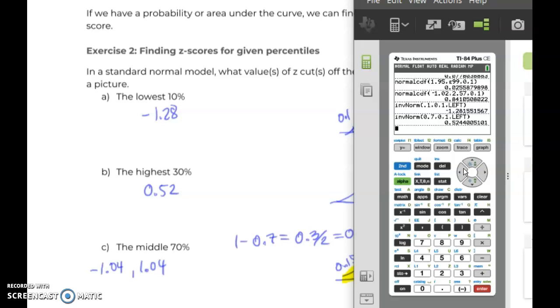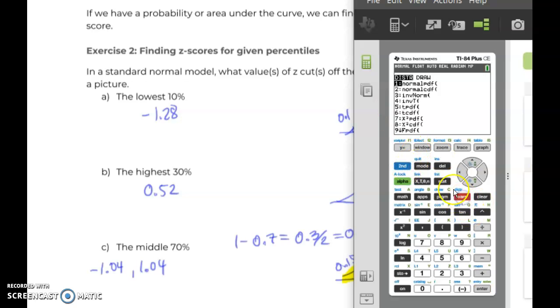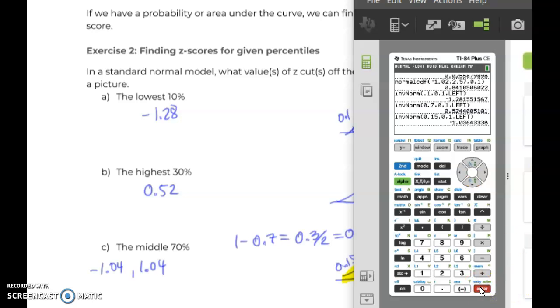Last question was looking for the middle 70%. So again, going to inverse norm, option 3 over here. We have to split it up and say, okay, we want an area of 0.15 to the left. We hit enter, and this says it's negative 1.04, rounded to 2 decimals.